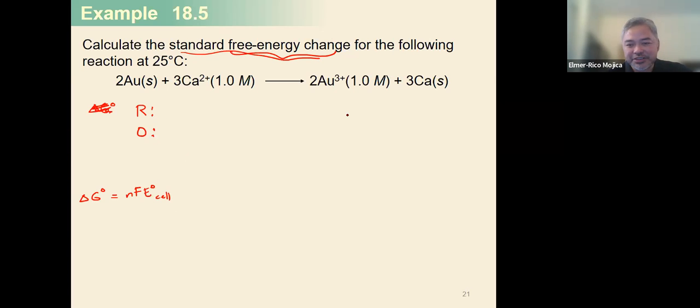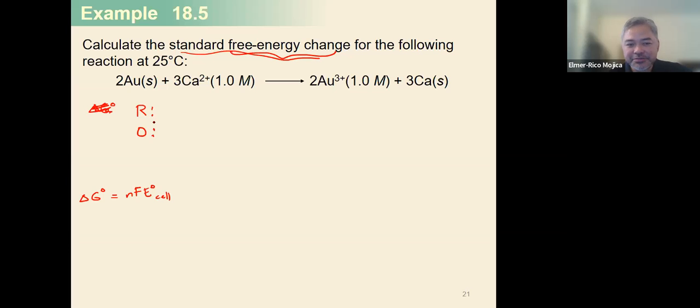Answer only one, because I'm going to give Nirvana the other answer. So which one between gold and calcium is oxidized? And which one is reduced? Jada? Nirvana?